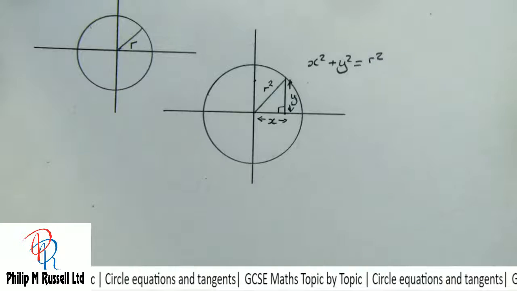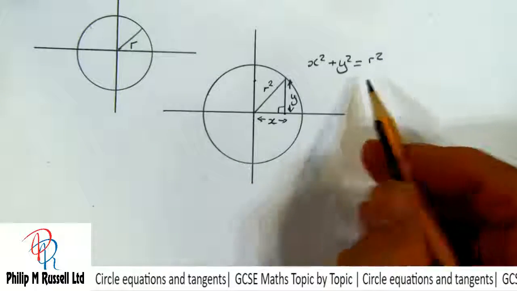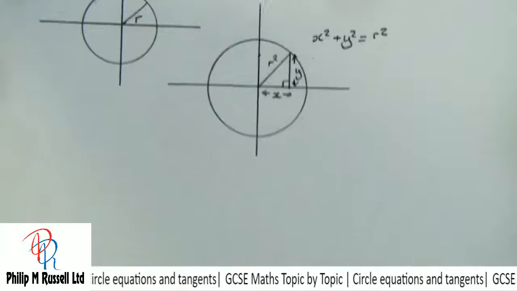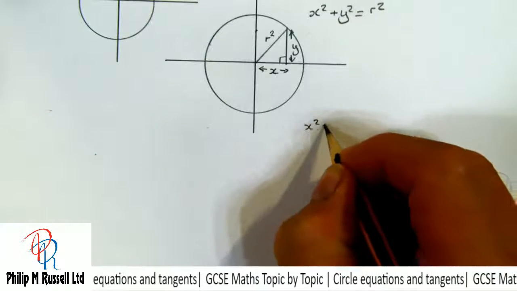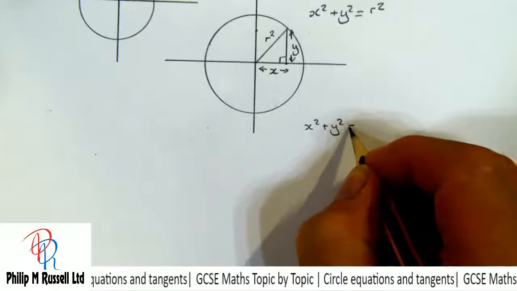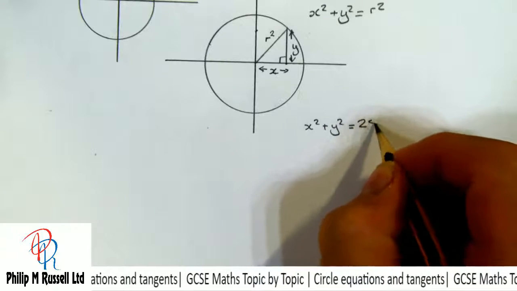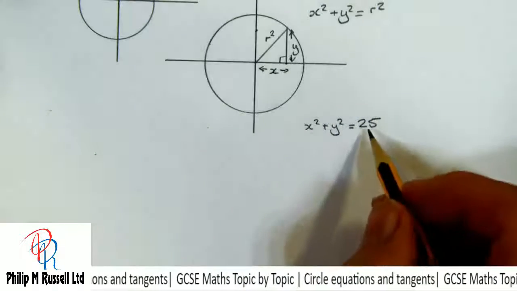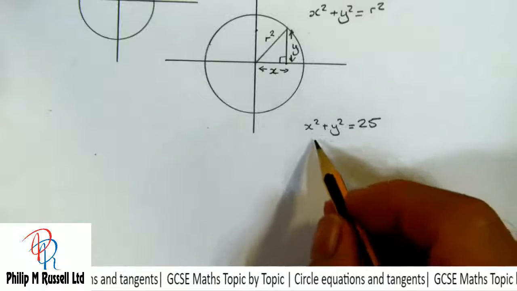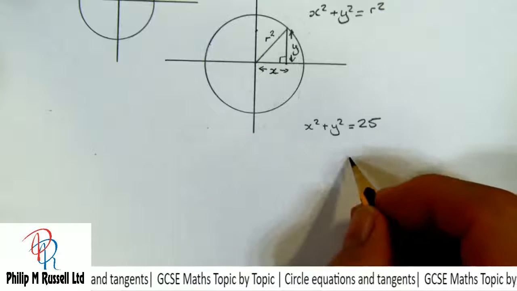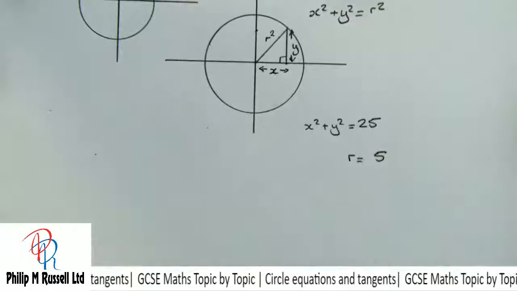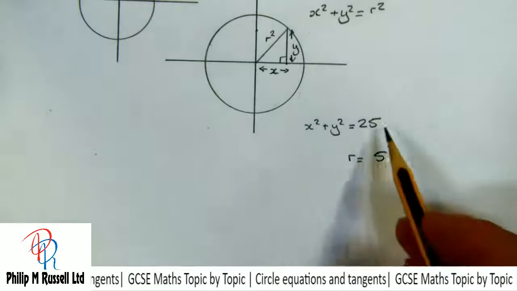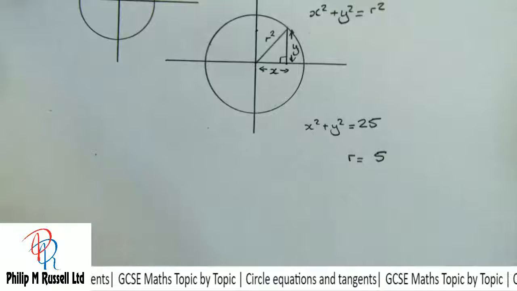Let's give ourselves an example, and take x squared plus y squared equals 25. Easy enough to work out: if that is r squared, therefore the radius is going to equal 5 because it's the square root of 25.